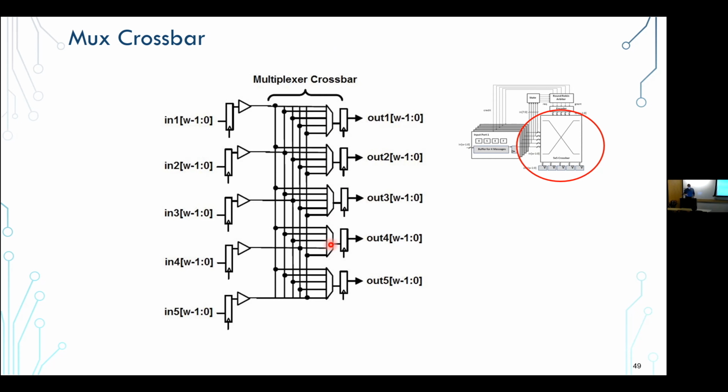The nice thing about this is that you can let the place and route tool deal with this portion over here, right? And also deal with optimizing the mux logic. So it's very nice. You can also pipeline it much more easily, and with repeaters, you can pipeline the muxes.